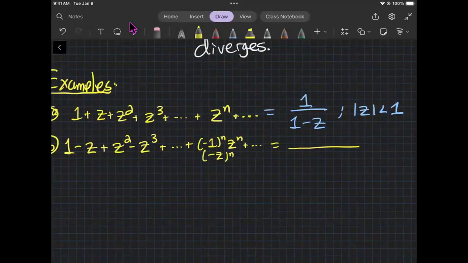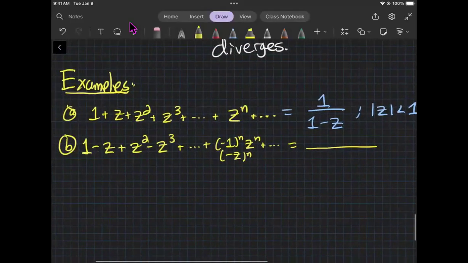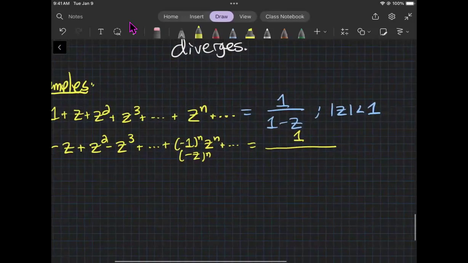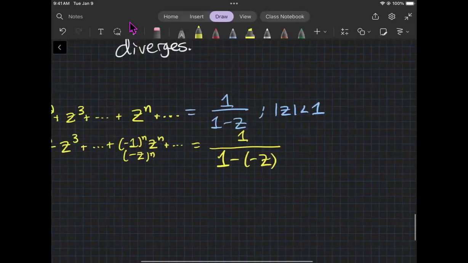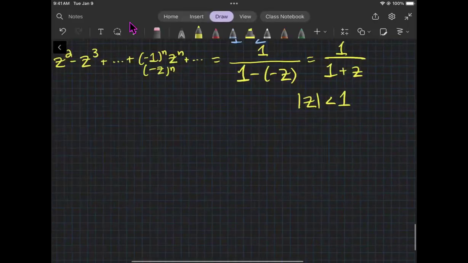That's just another way to express that. So the first term in this case is 1, but the common ratio is minus z. So it'll be 1 over 1 minus negative z, which is equal to 1 over 1 plus z. And this once again converges if the length of z is less than 1.